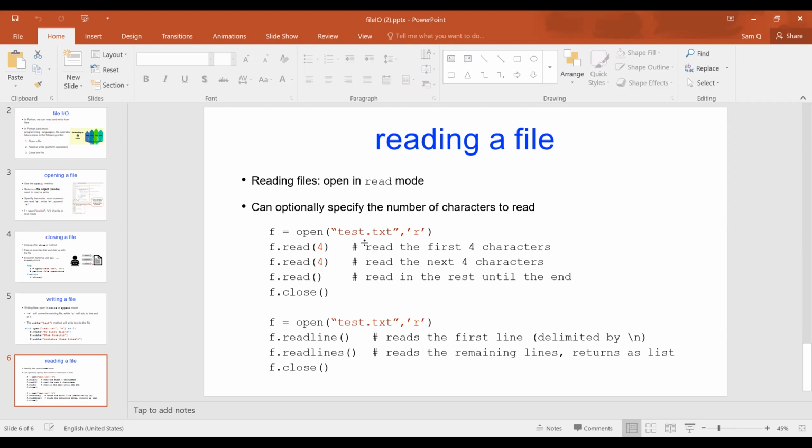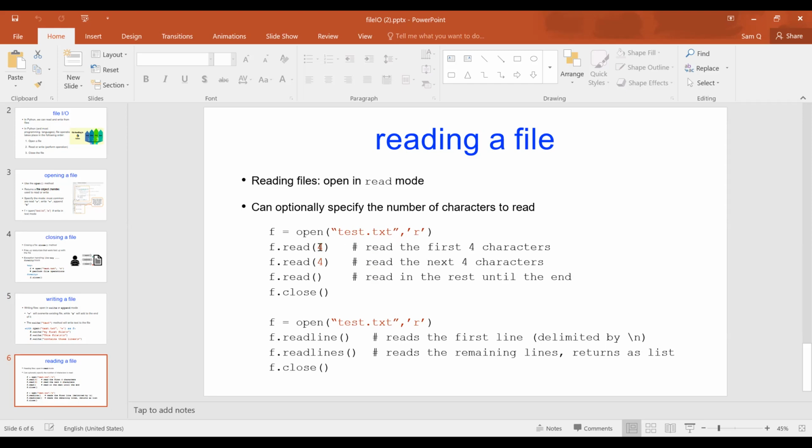We didn't mention this, so you probably don't need to really know it, but just for your information, you can open your file in text mode or in binary mode. For example, a video has no text inside, so you have to open the file in binary. But in general, when we work with data science, we usually assume the data contains numbers or text, so we're happy with text mode.